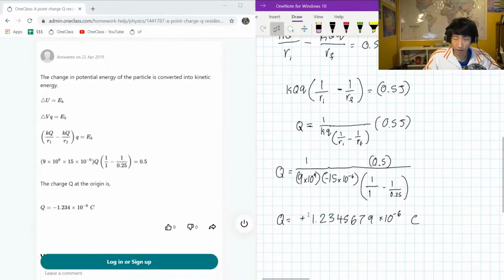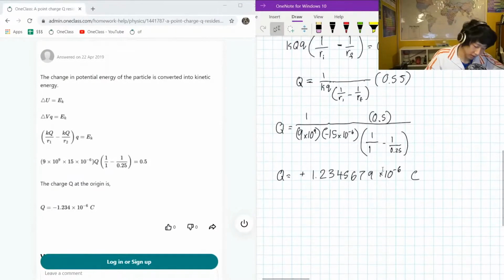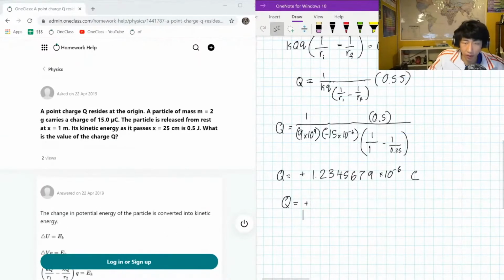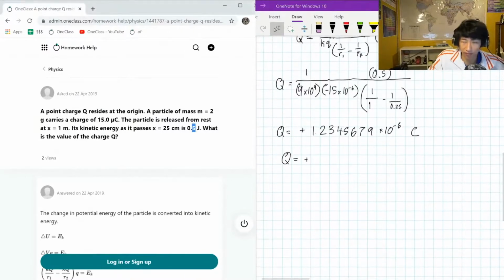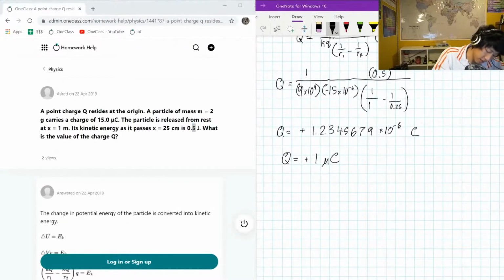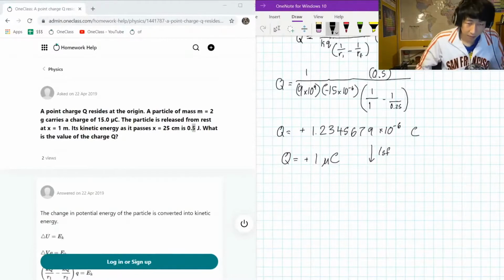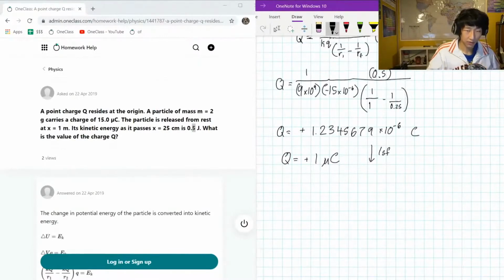Since it came out to a positive, we can actually rewrite this as Q is equal to, how many significant figures do we have here? We got one significant figure here, so unfortunately we do have to cut this off at just 1 microcoulomb, positive 1 microcoulomb to 1 sig fig. Okay, so that would be the answer, and it has to be positive because it's attracting the negative charge into there.